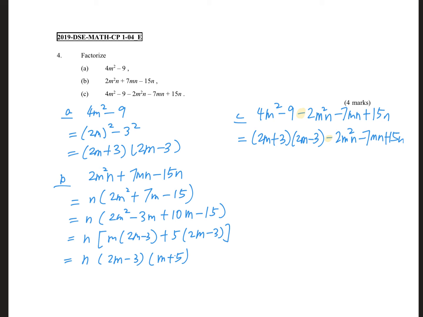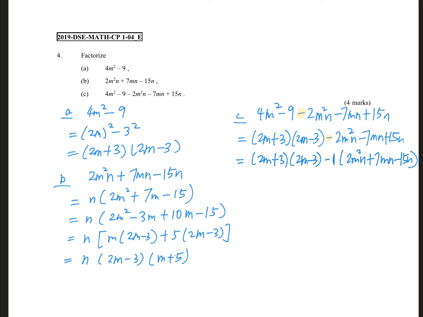So now here I would like to take out the negative one as the common factor. So that would be plus 7mn minus 15m.